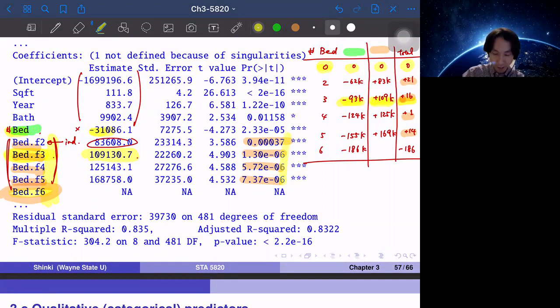So that's why we have the significant p-values here. So practically, the implication is that houses with 2 to 5 bedrooms have significantly higher prices than houses with 0 bedrooms or 6 bedrooms.